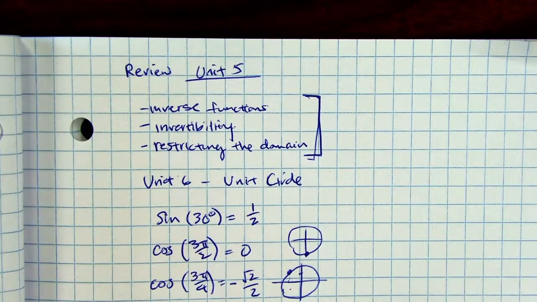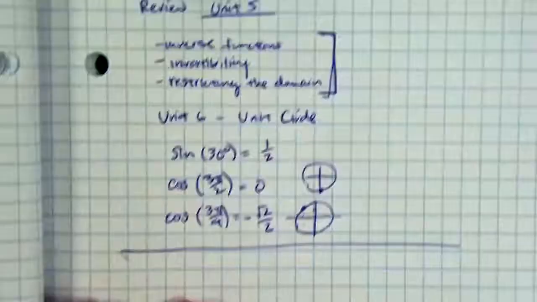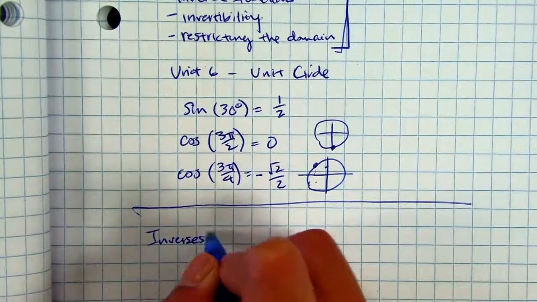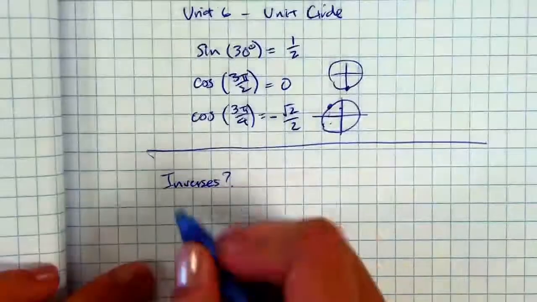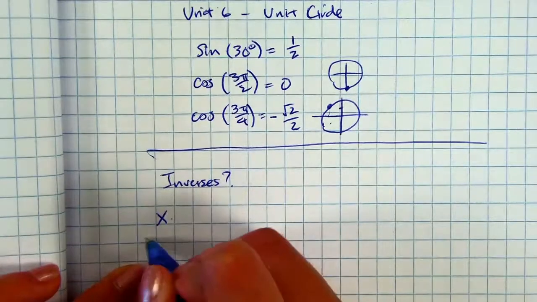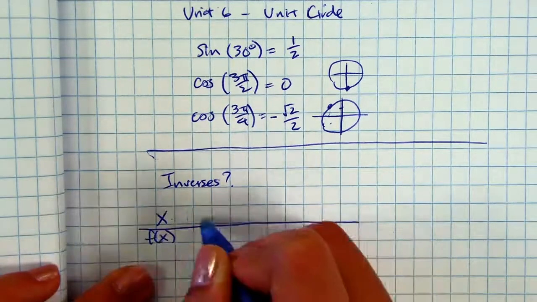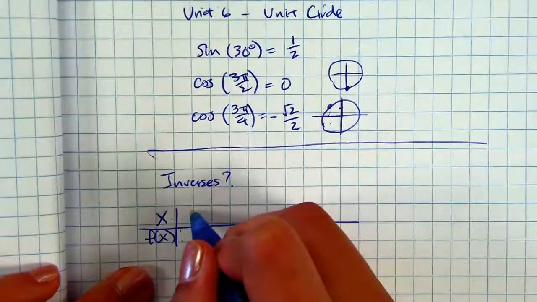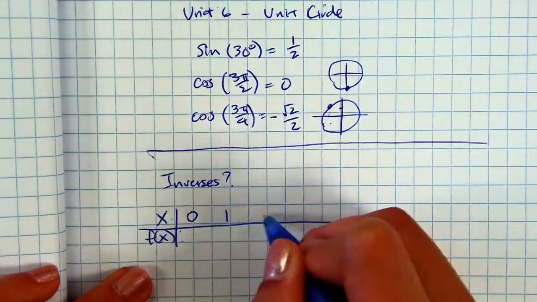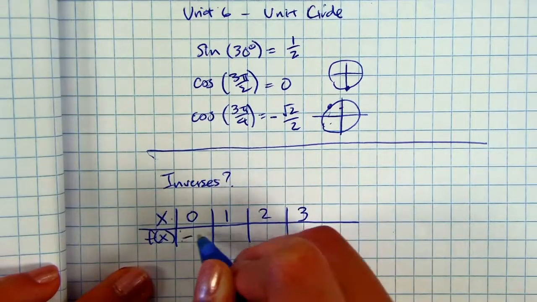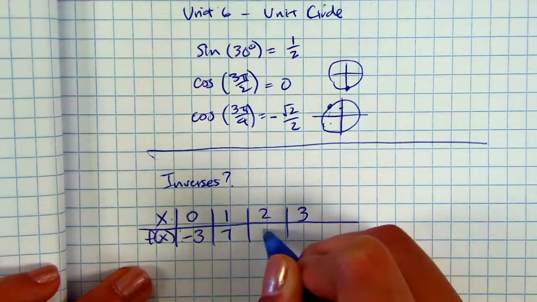So let me go ahead and talk about inverse functions. What are inverse functions? What are inverses in general? Well, inverses, if you remember back, is if we have a relationship of points. For example, a function f of x with a bunch of x values and f of x values. So say, for example, my input, I have 0, 1, 2, 3, and for my output, I have random numbers like -3, 7, 5, 8.